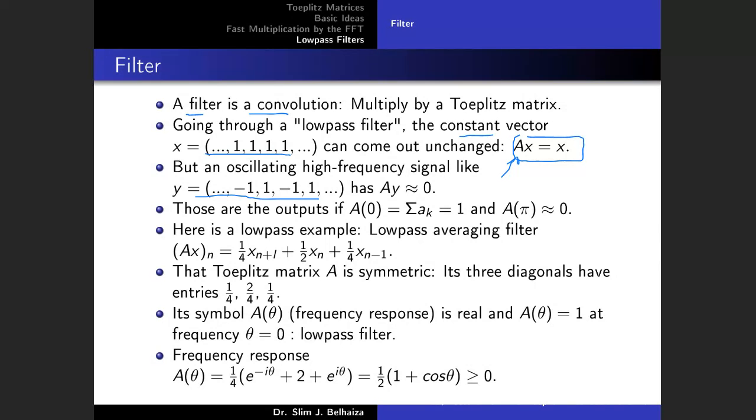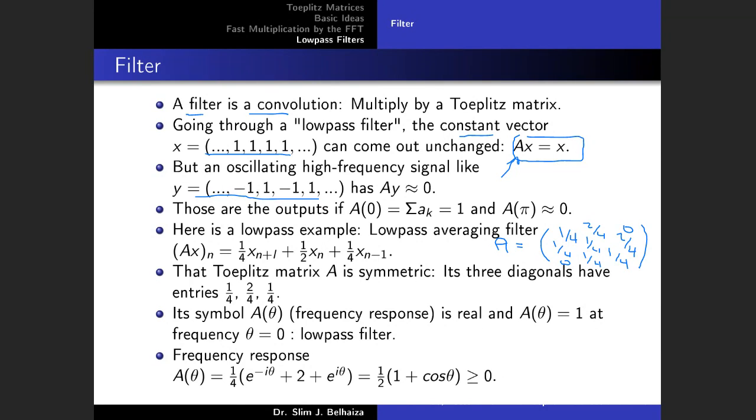Its three diagonals have entries 1 over 4, 2 over 4, and 1 over 4, which means this is the structure of the matrix we're talking about, tridiagonal, for example. So we'll have 2 over 4 on the diagonal, and 1 over 4 above and below the diagonal. All remaining entries are zeros. So you have a matrix which is tridiagonal, as you can see.